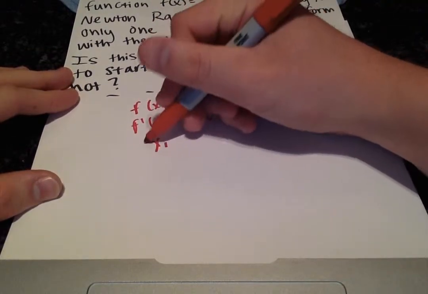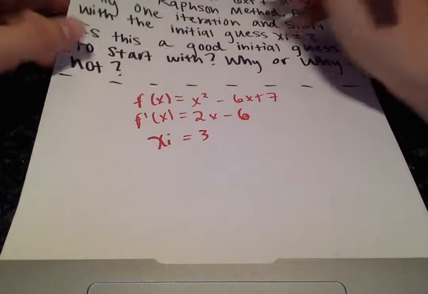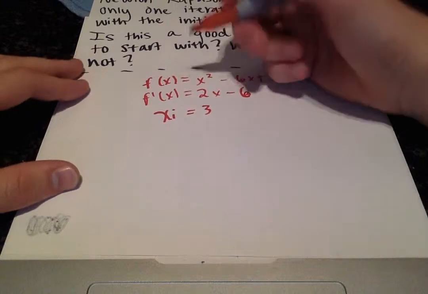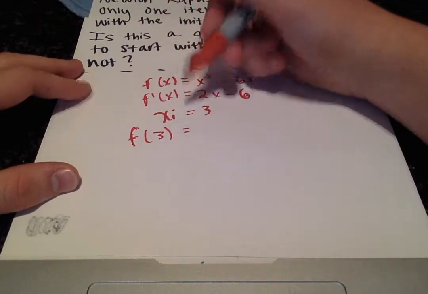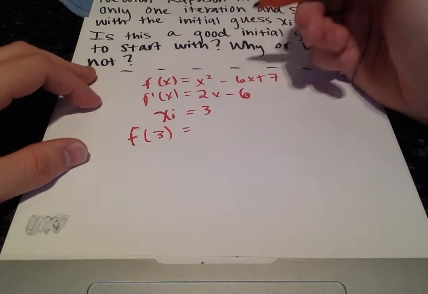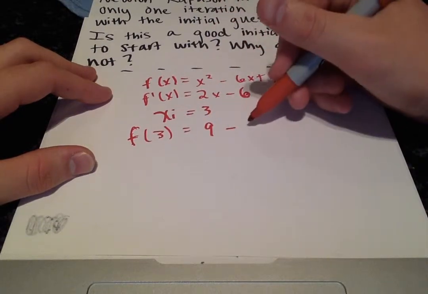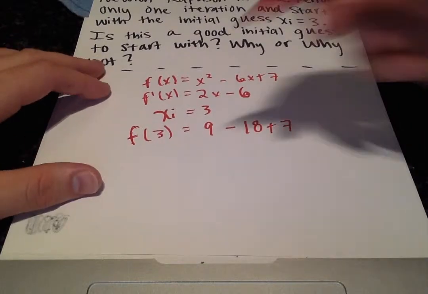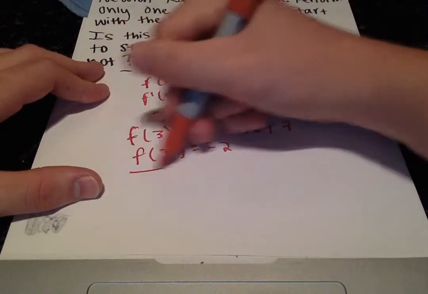So our initial guess, x sub i, is 3. As we did in the last video, we'll plug our x value into the function and the derivative to get both of those values. So f of 3 is going to be 9 minus 18 plus 7, which is equal to negative 2.